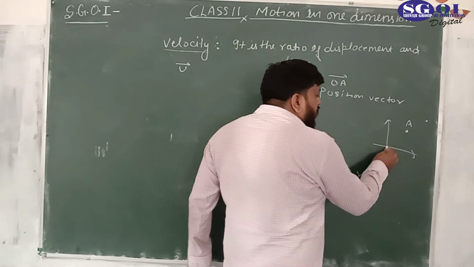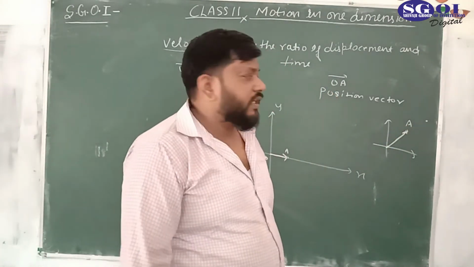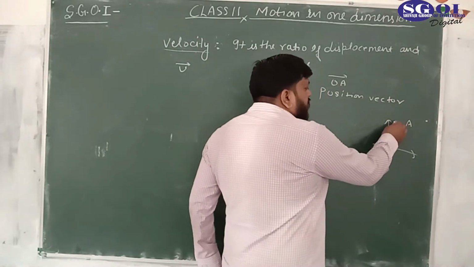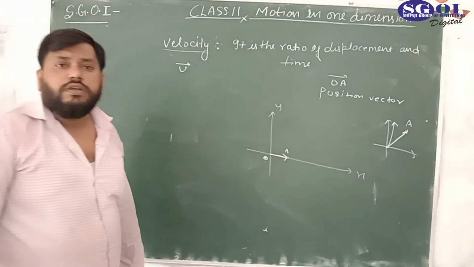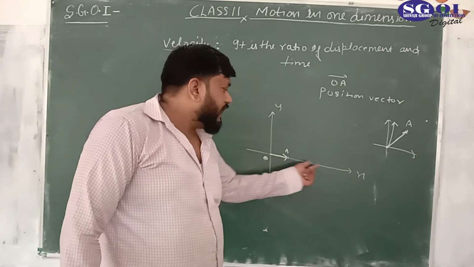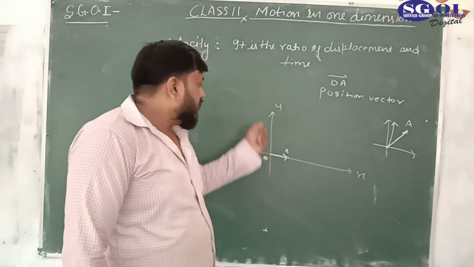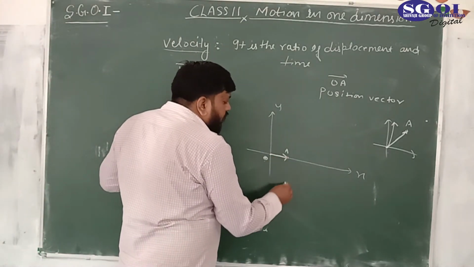Then the vector joining this position to the origin is called the position vector. So it could be anywhere in this plane. And because we are talking about one dimensional motion, we are taking the object position in either the x, y, or z axis. So this is the position vector, OA vector.